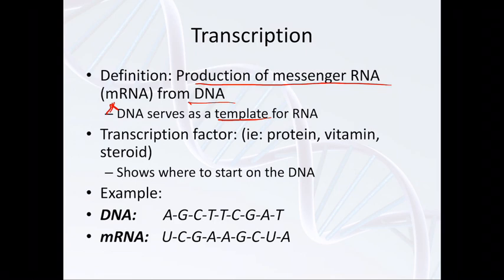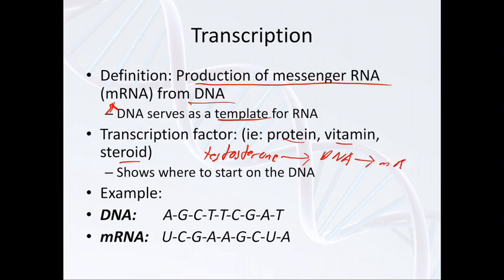So this could be something like a protein, a vitamin, or even a steroid. Okay, so one example of this is testosterone. Testosterone is the male sex hormone, right? That actually goes right down into the nucleus, binds to the DNA, and tells the correct enzymes where to start making protein.